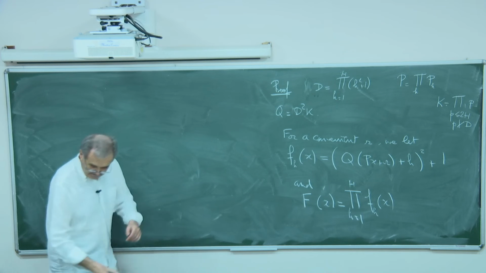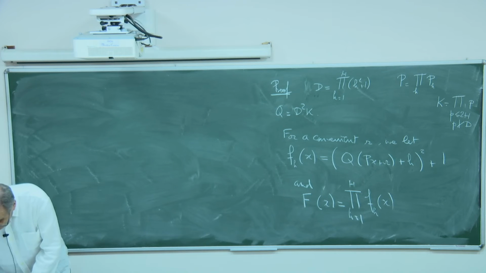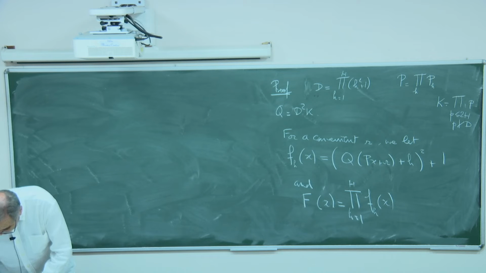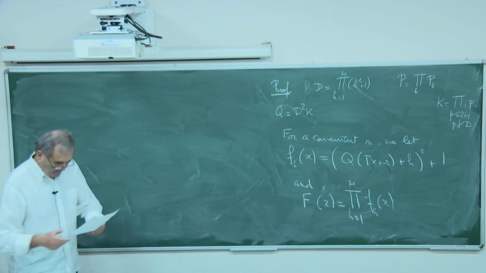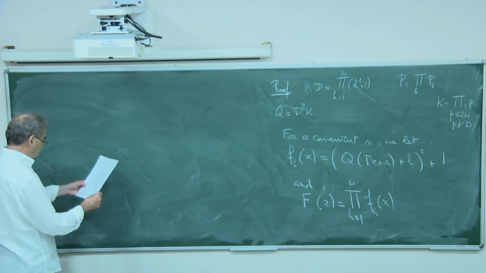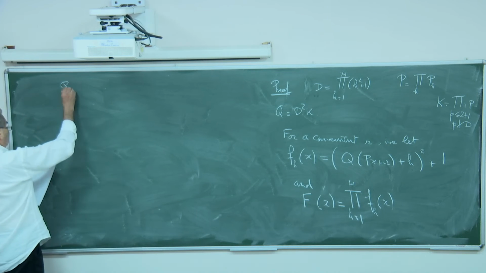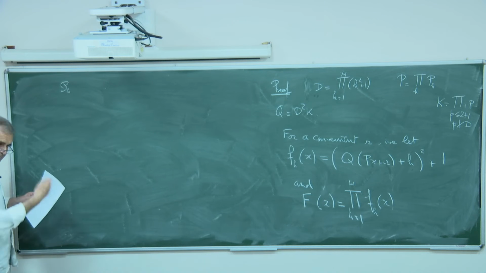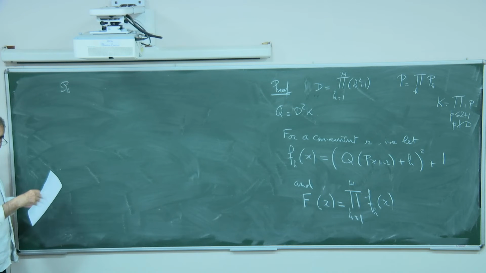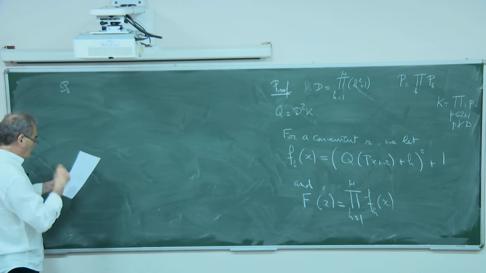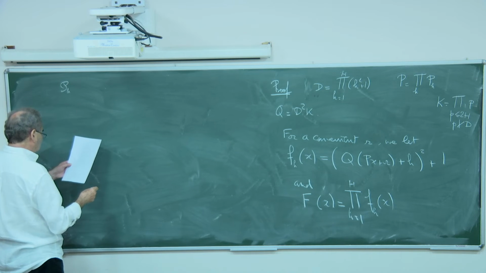So it was not clever to erase the proposition, but you don't have enough board space. You remember what we had: some family of p_h, which have to be large, congruent to 1 mod 4. This is what we wanted.